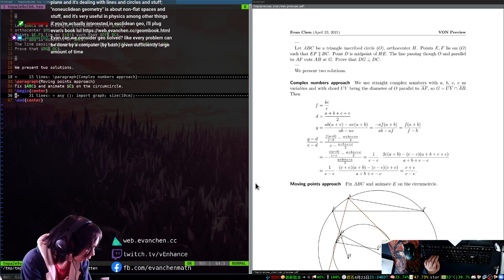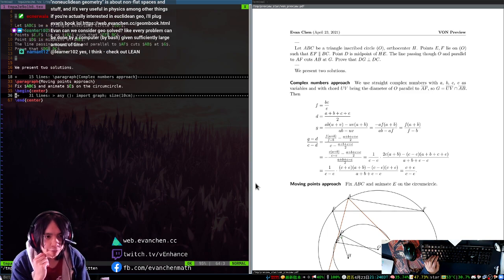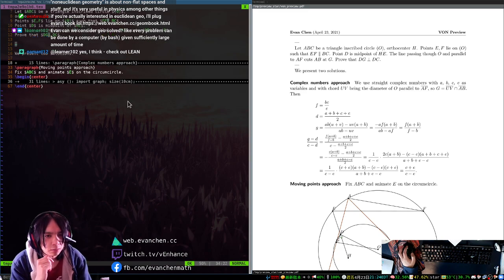Every problem can, yeah. Depending on how you define geo, yes, you can say that things are solved. In particular, Euclidean geo is, I forget the exact term, complete?